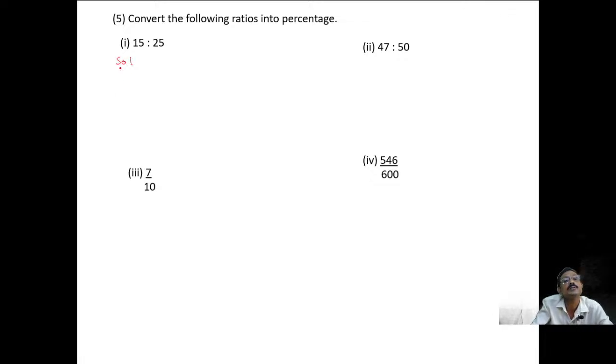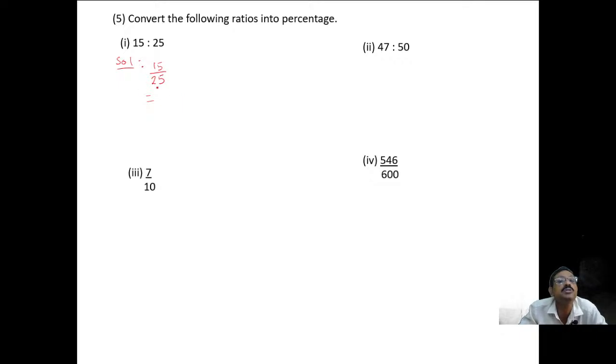Solution. What is the first one? 15 is to 25. Let's write 15 is to 25 first. So 15 upon 25, which is equal to. What did I tell you regarding percentage? Percentage is always calculated out of 100.